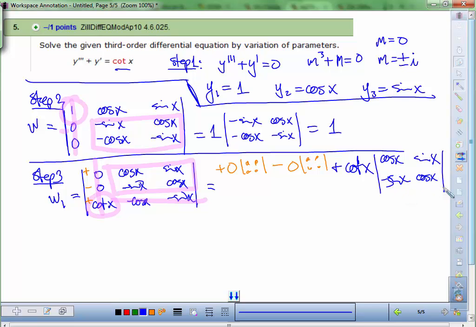And this is going to be another sine squared plus cosine squared business, so that's going to leave us with a cotangent. Okay?